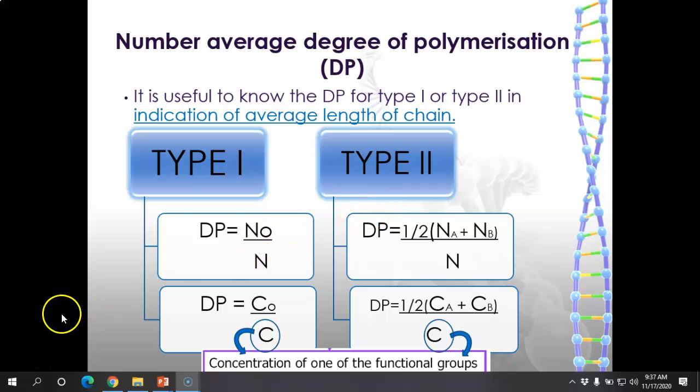In type 2, the DP is equal to half of the total Na plus Nb divided by N, whereby Na is the initial number of A functional groups and Nb is the initial number of B functional groups. And N is the number of molecule chains at P. And C here is also the concentration of one of the functional groups.